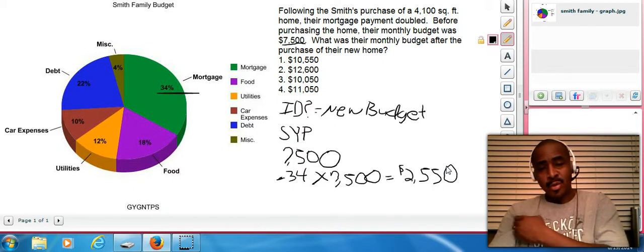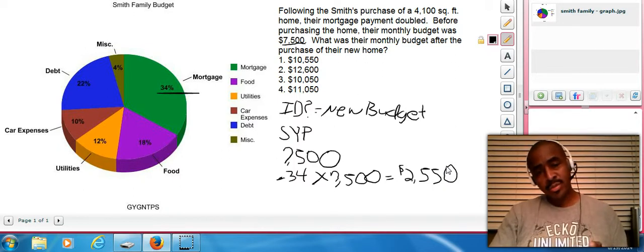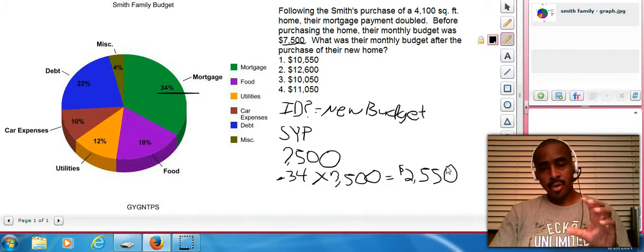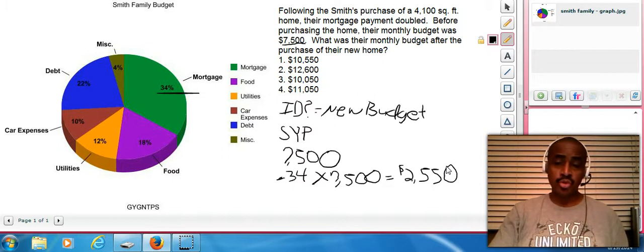So now we have some more information. Their original budget was $7,500, and their mortgage payment previously was $2,550. We know that this amount has doubled. So this $2,550 is already represented in this $7,500.